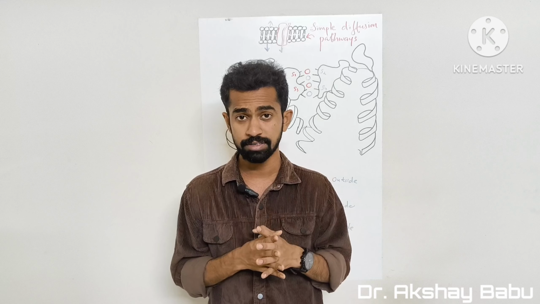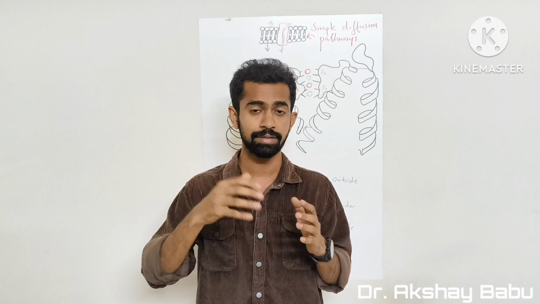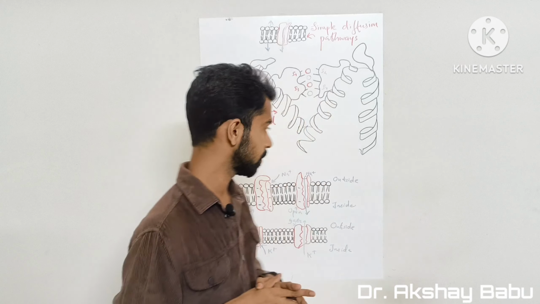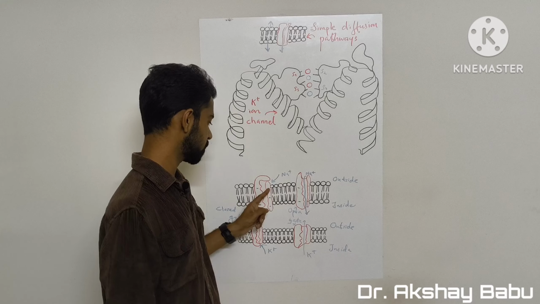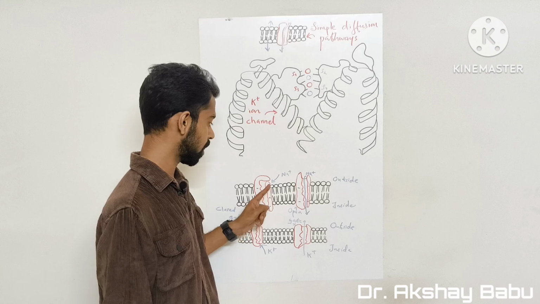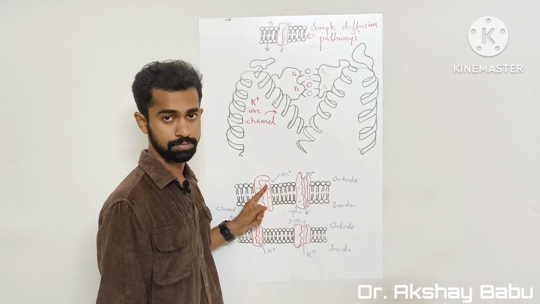Gating of protein channels provides a means for controlling the ion permeability of the channels. As you can see in this figure, a strong negative charge on the inside of the membrane can cause the outside sodium gates to remain tightly closed.